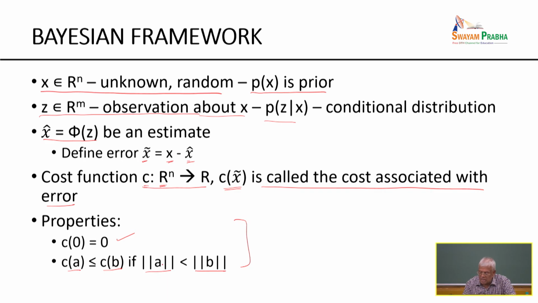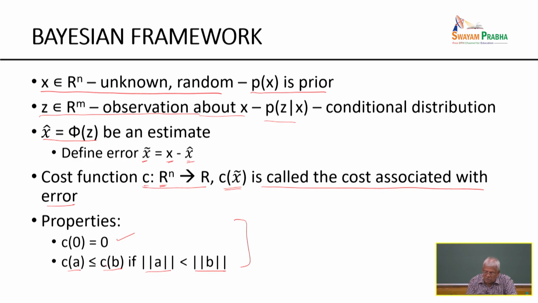So A and B are values of the error vectors. If the norm of error vector A is less than the norm of error vector B, the cost associated with A must be less than or equal to the cost associated with B. That means the cost function is monotonic on the space of norms of the error vectors, because the errors are vectors. I want to associate a scalar with the vector, so I am talking about the norm.